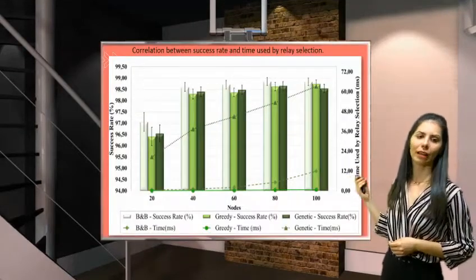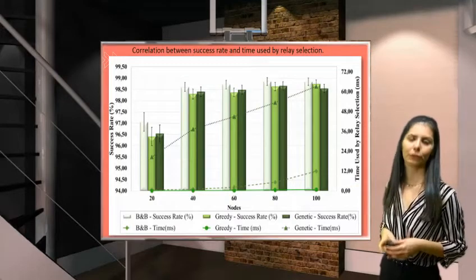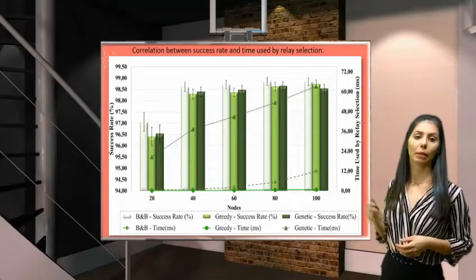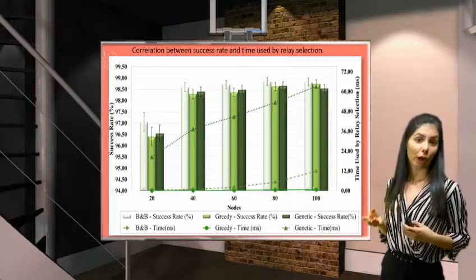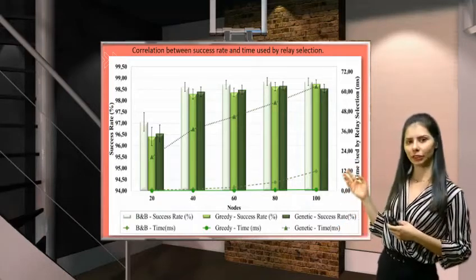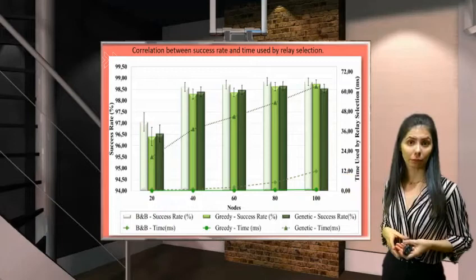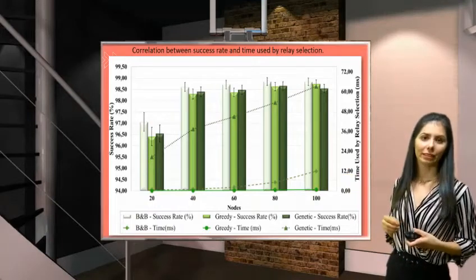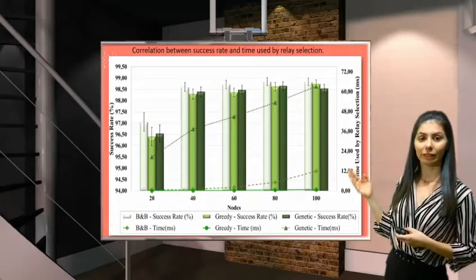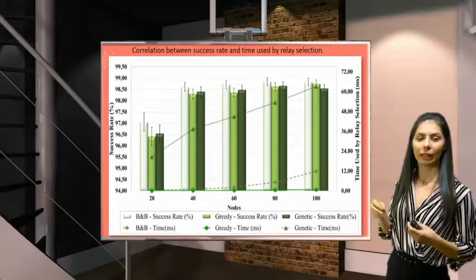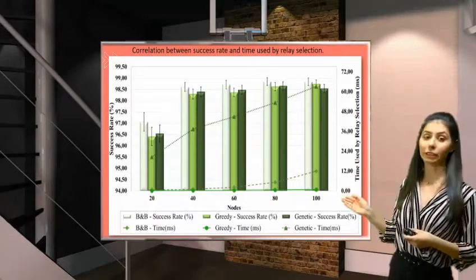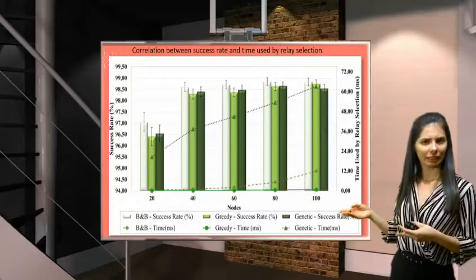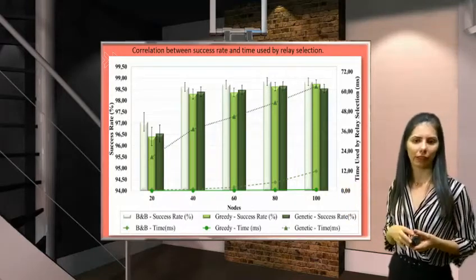This figure illustrates the correlation between the success rate in the bar chart and the time used to perform the relay selection in the line chart. It is possible to observe that the genetic algorithm, in the dark green line, needs a longer time than the greedy algorithm in the light green line, and presents a similar success rate.